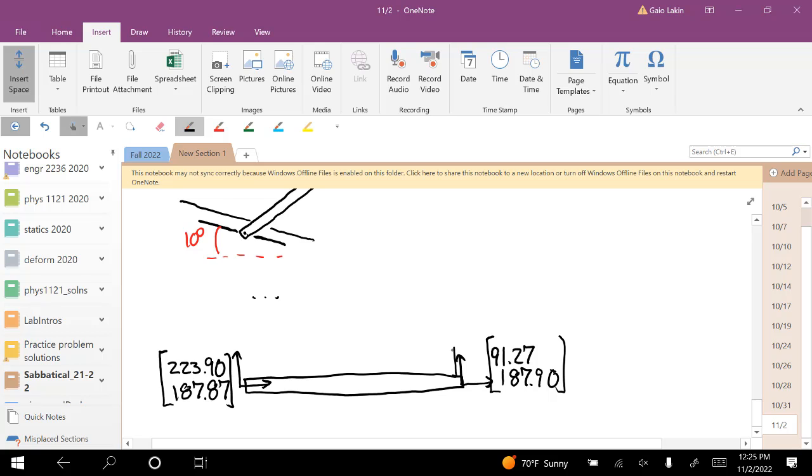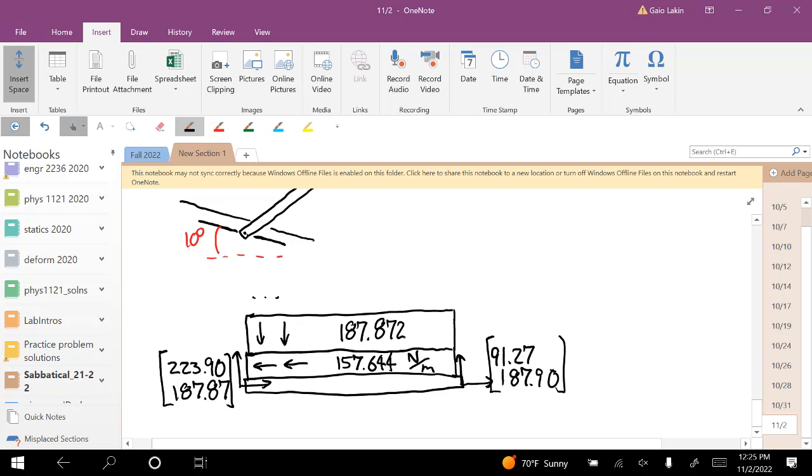And then we had two components of distributed load. This is the thing that we haven't seen before, and it comes from applying the rotation matrix. So we had a distributed load of 157.644 newtons per meter, so you remember that's distributed. And then we had a downward component of 187.872 newtons per meter.